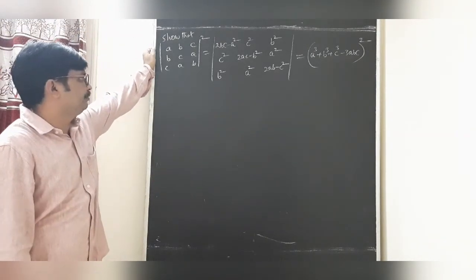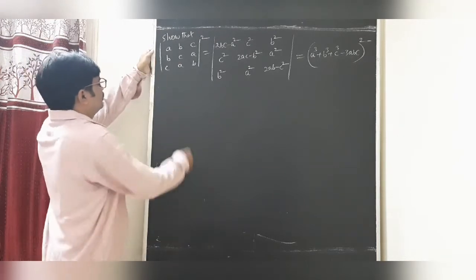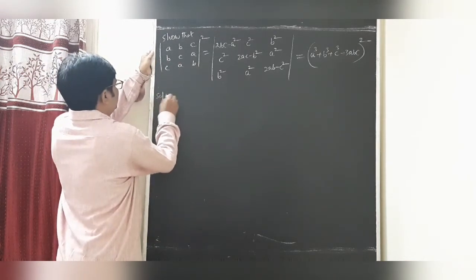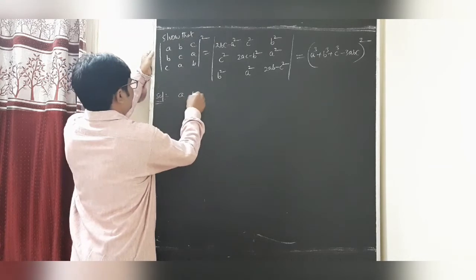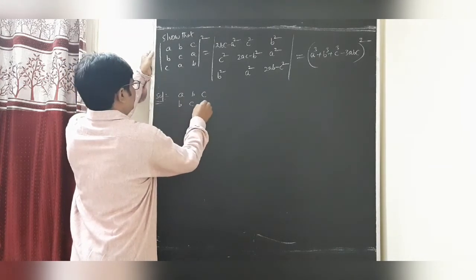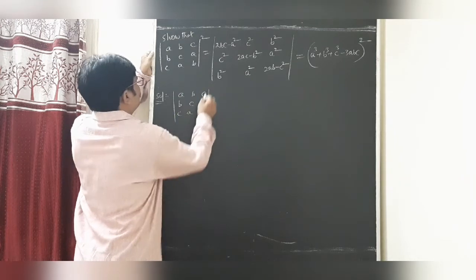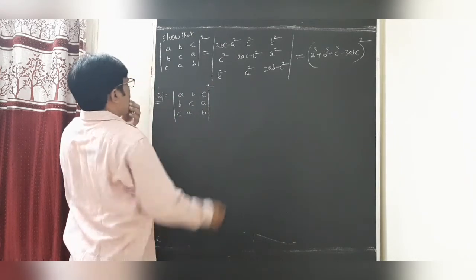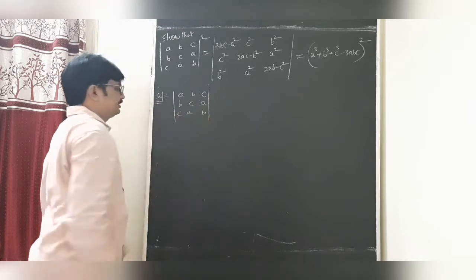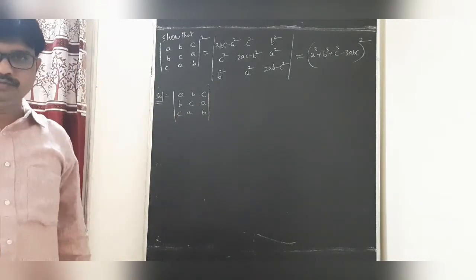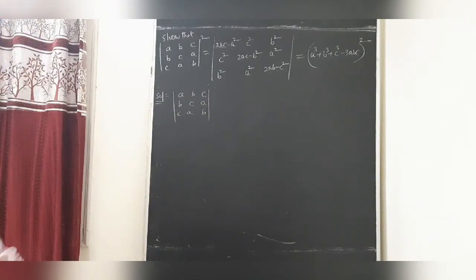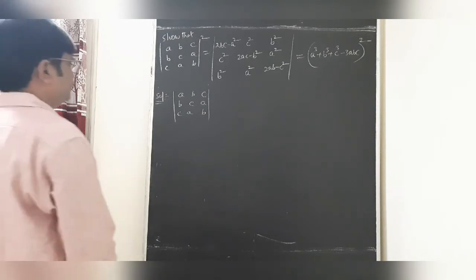Students, this is a very important one: the determinant of ABC, BCA, CAB whole square. First of all we are going to find the determinant. How to find the determinant?